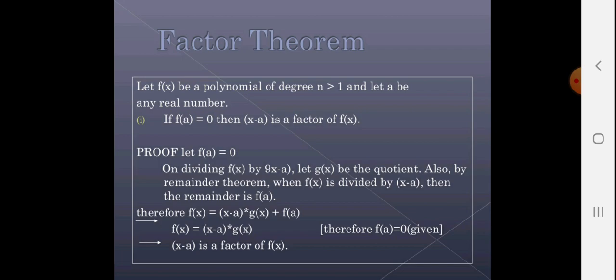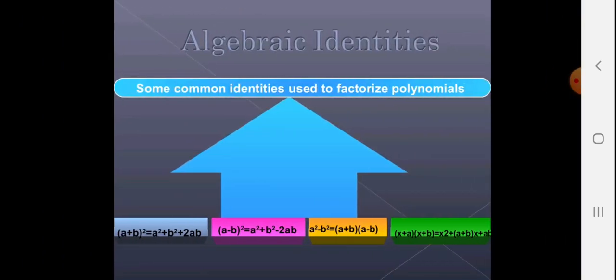Also by the remainder theorem, when f of x is divided by x minus a, the remainder is f of a. Therefore f of x, that is your dividend, is equal to x minus a into g of x plus f of a. Since f of a is equal to 0, you can say that x minus a is one of the factors of f of x.